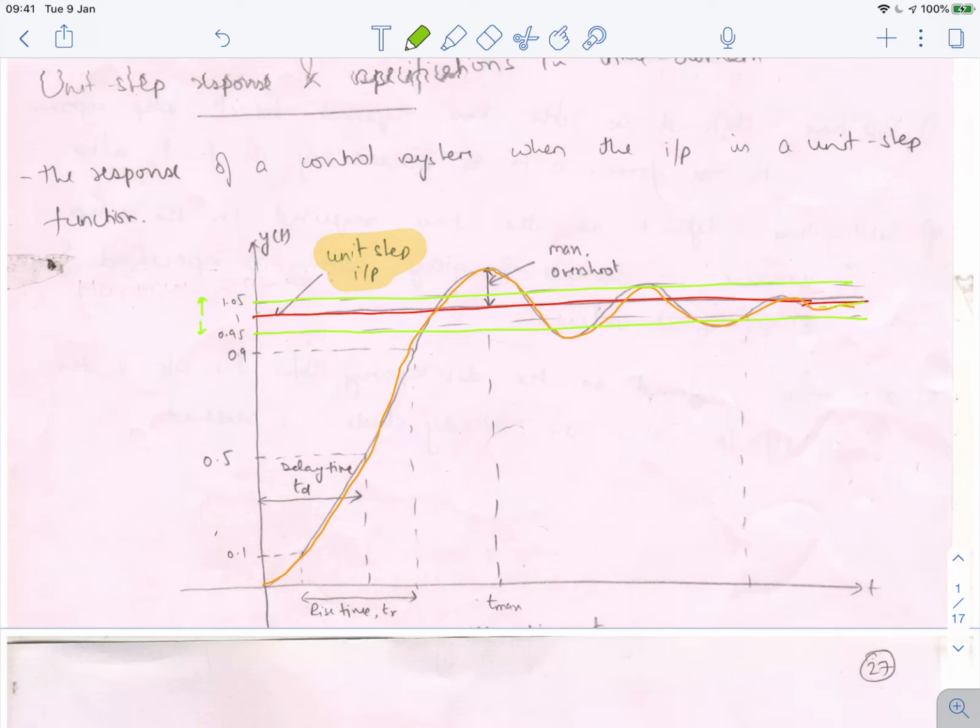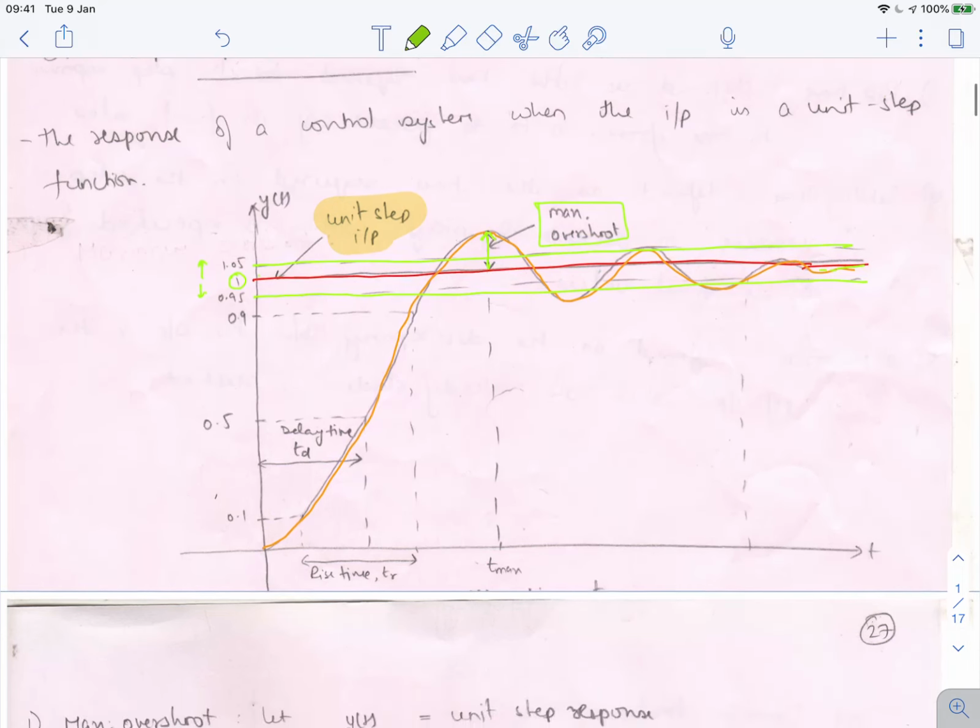The maximum value the output signal attains relative to this input signal magnitude, we call the maximum overshoot. This maximum overshoot is above the unit magnitude line.